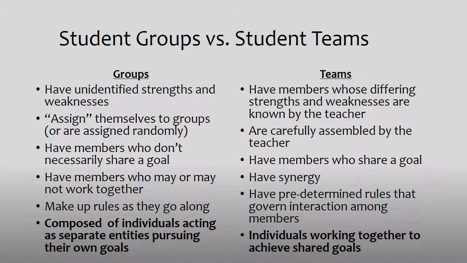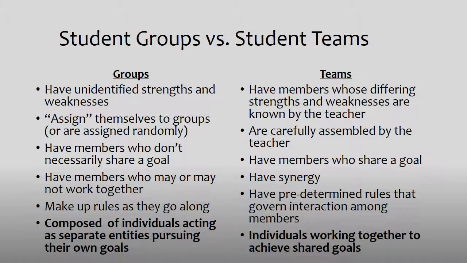Before we discuss the student team literature approach to student teams, I want to take some time to identify the differences between student groups and student teams. Research shares and classroom observations often reveal that within groups, students have unidentified strengths and weaknesses. Students often assign themselves to teams or are assigned randomly to teams.